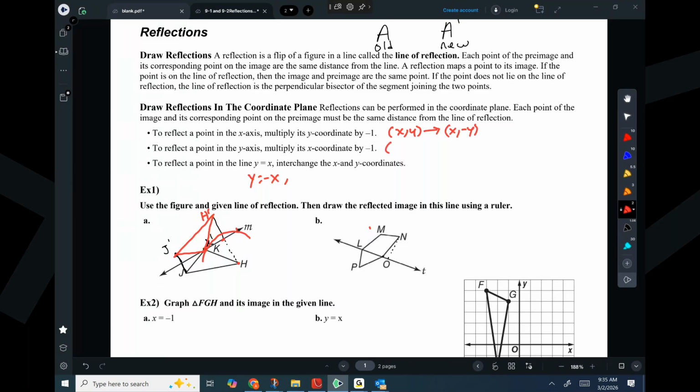On this one, xy becomes negative xy. When we reflect over y equals x, xy becomes yx. And when I reflect over that, xy becomes, we flip-flop them, and we negatize, what did we say? The second part, yeah? Negative x. All right.